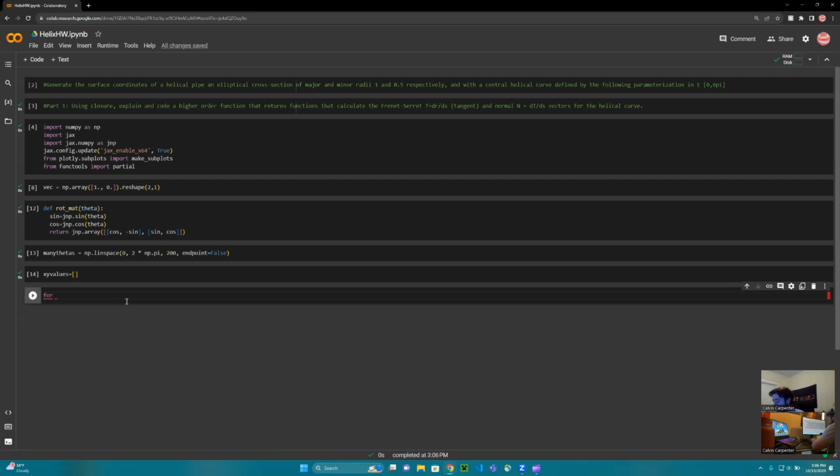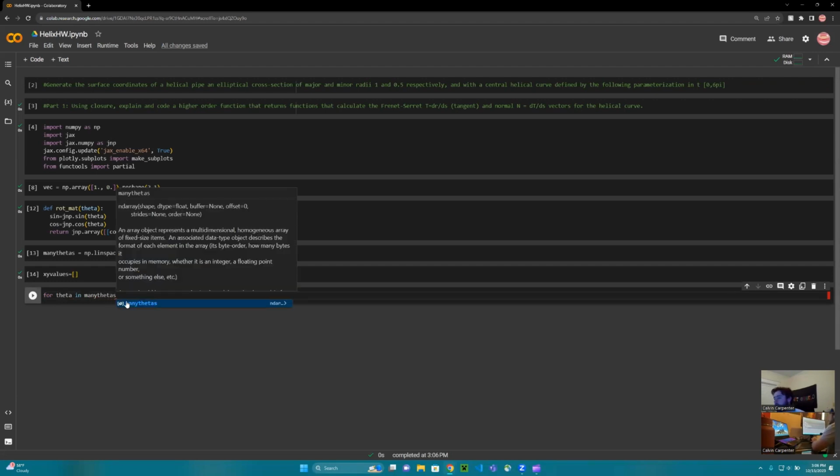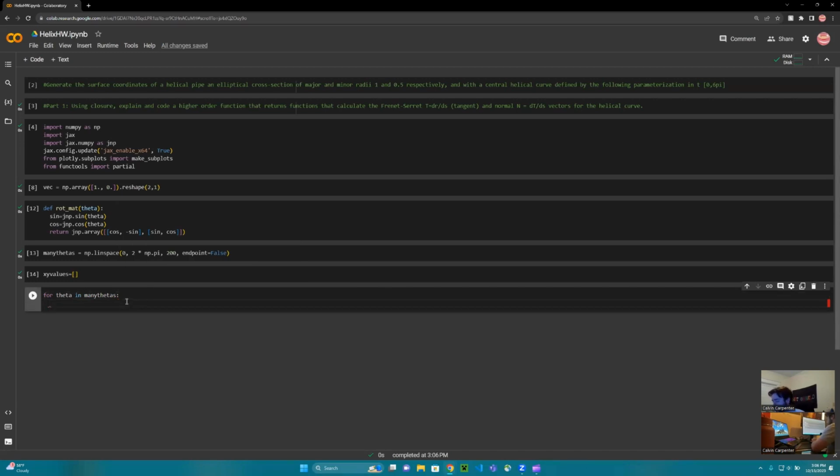So for theta in many thetas, for each of these, we're going to create a new value for a rotated vector.